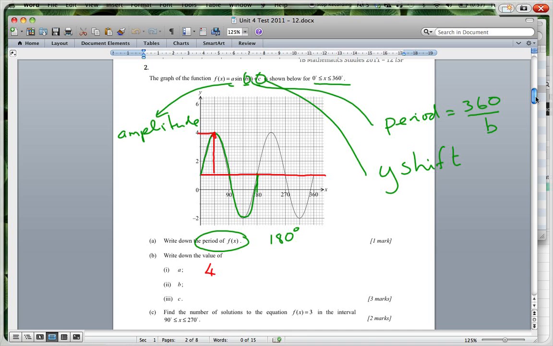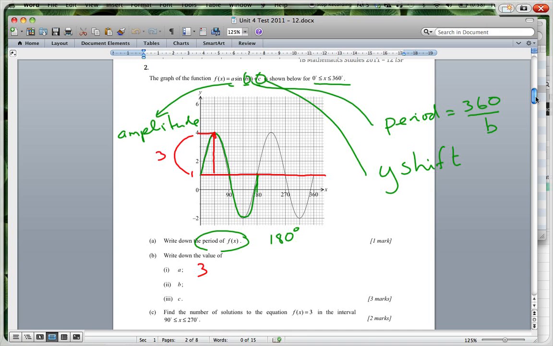Sorry, oh no, it's not 4. It's 3, because you see we're starting at 1 already. So your amplitude is from 1 to 4, so it's going to be 3. Sorry. Did you get it right? Okay, I'm going to change it. Yeah, and I marked it right.